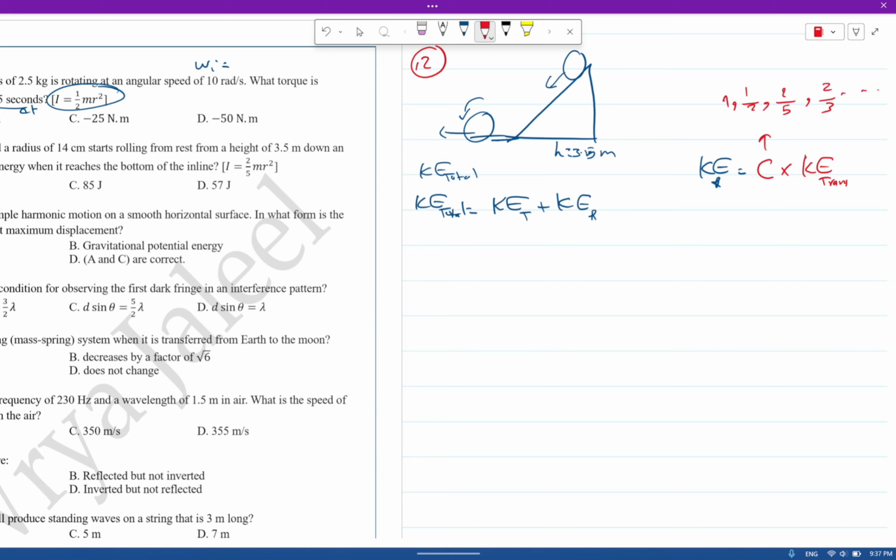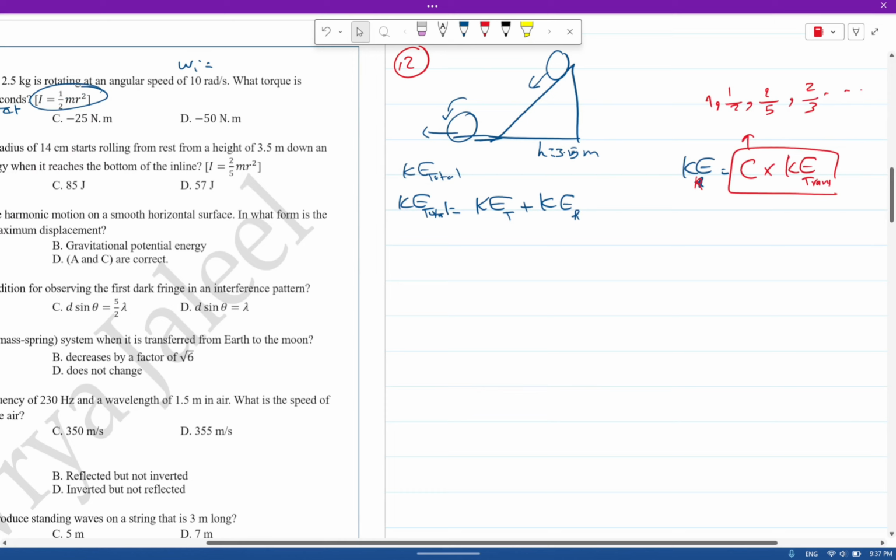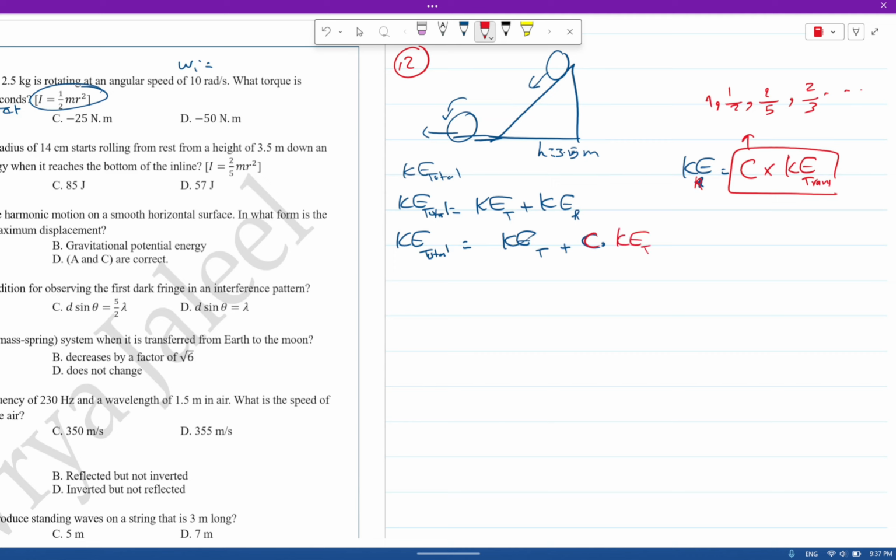But remember, whenever you have rotational kinetic energy, you can write this instead. So going back to the total, here, we can say total kinetic energy is equal to translational kinetic energy plus C times translational kinetic energy. Let's make C red in here. Well, in this case, of course, we have translational kinetic energy here and there.